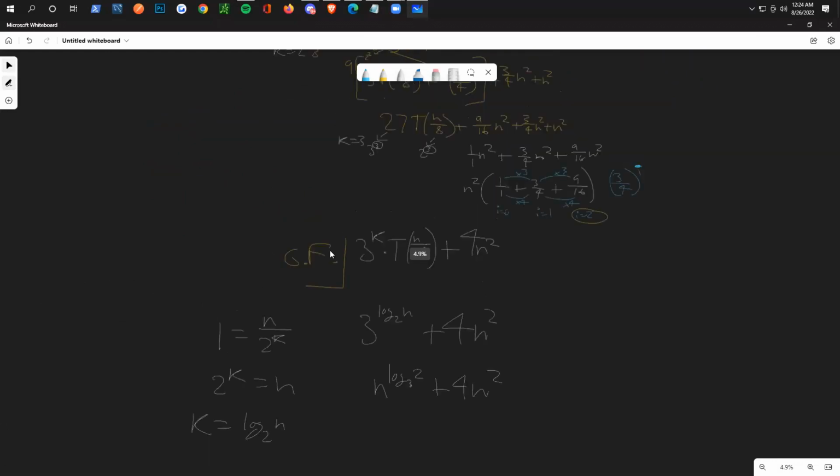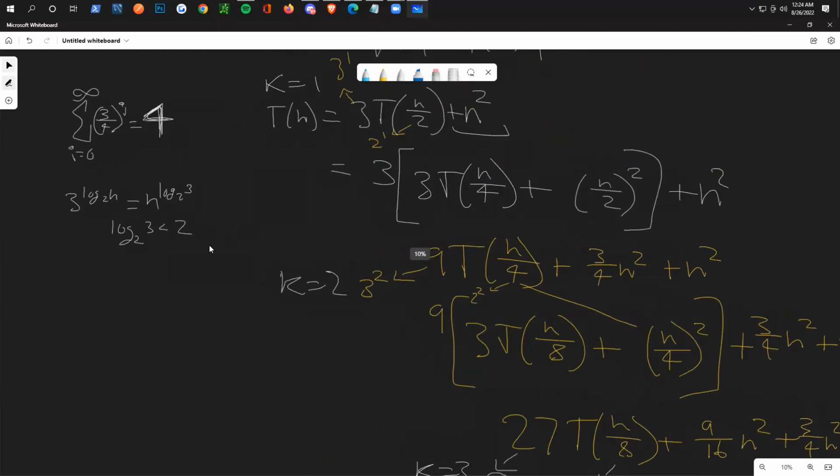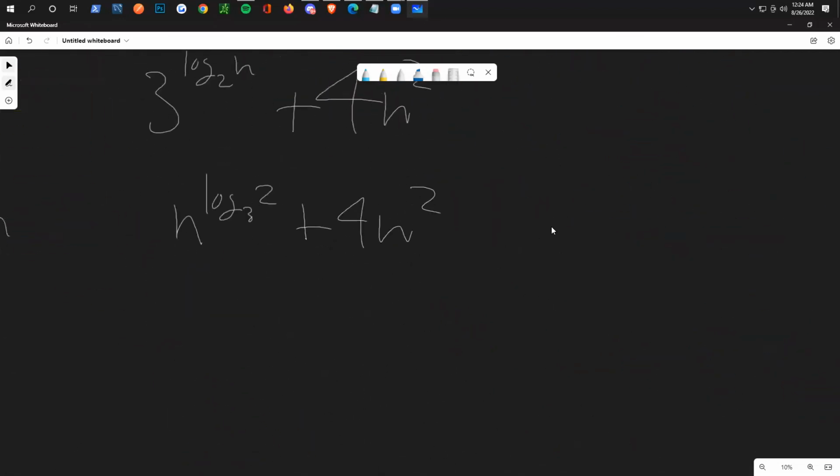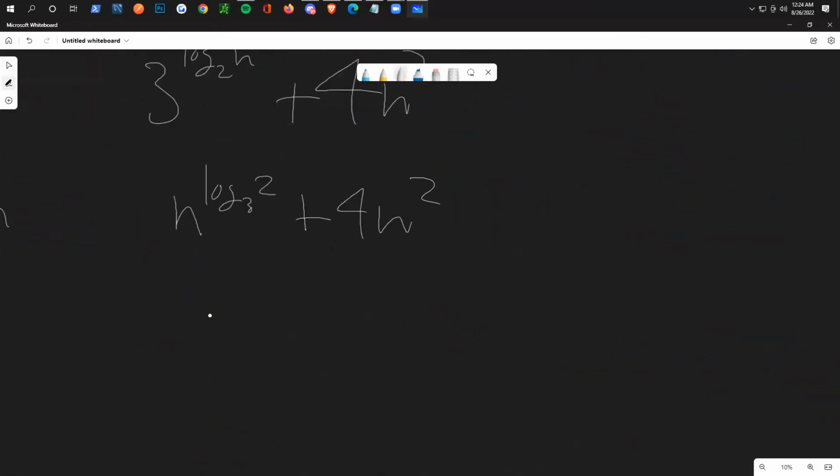And now, remember, they gave us this information. They said log base 2 of 3 is less than 2. So let's think about what is the dominating term. If we know that log base 2 of 3 is less than 2, notice we have a 2 and then we have this right here. So they kind of tell us what the answer is at this stage.